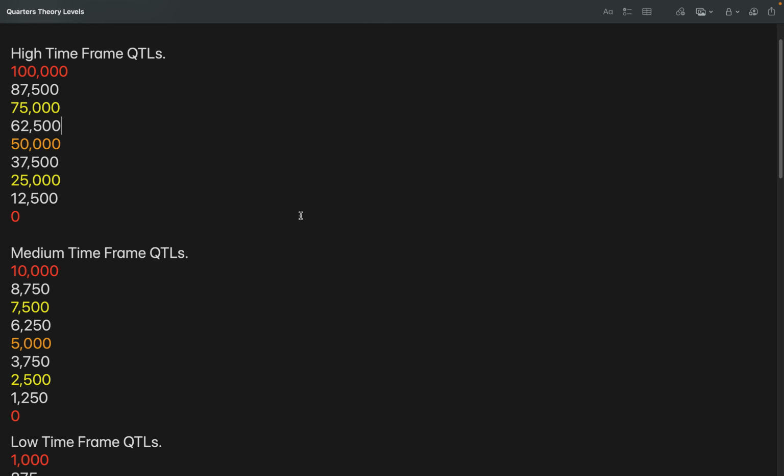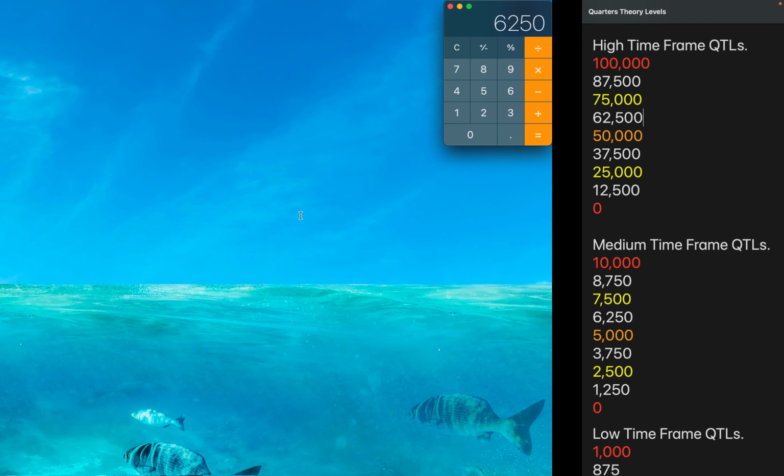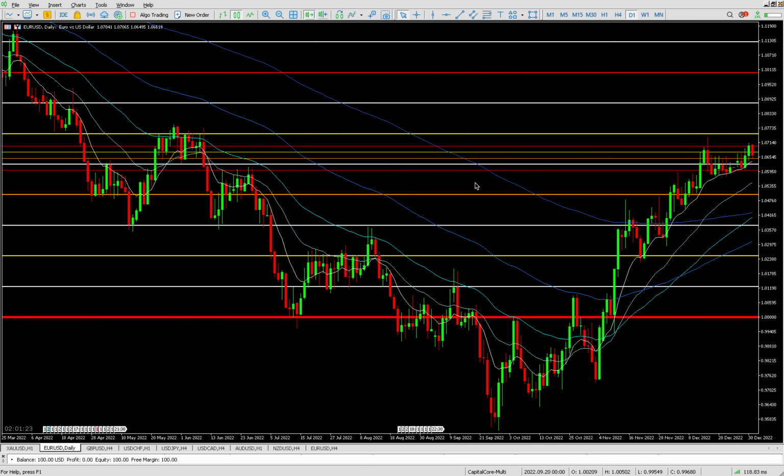So back to over here, zooming in, actually right now we're in between this 10,000 level, 6,250, and this 10,000 level, 7,500.